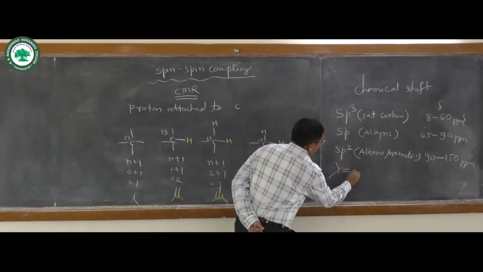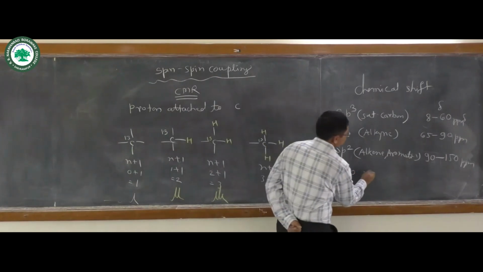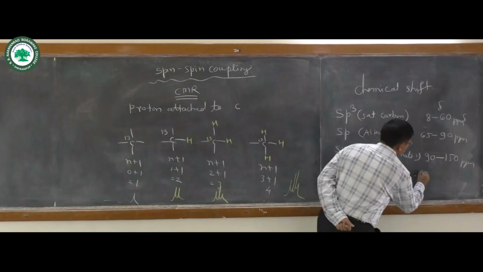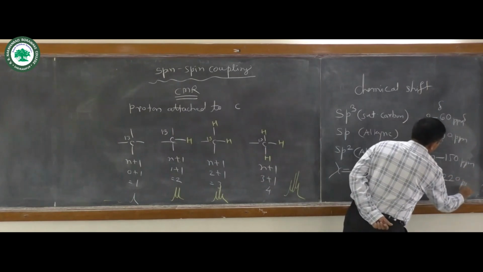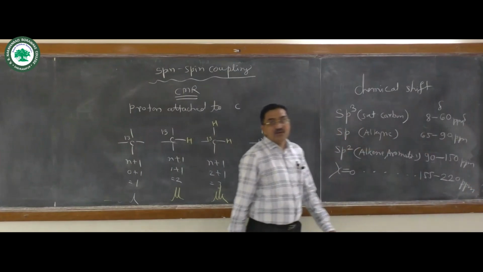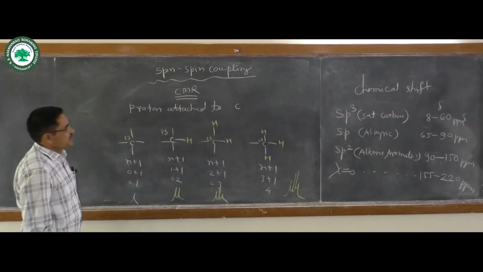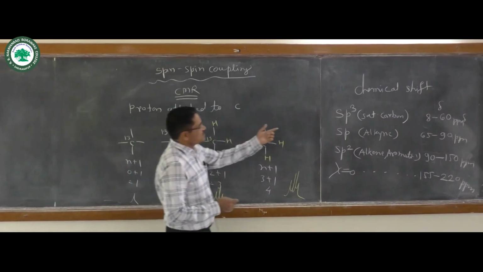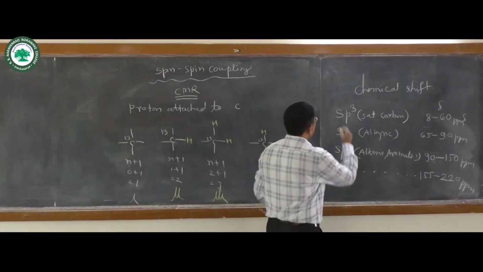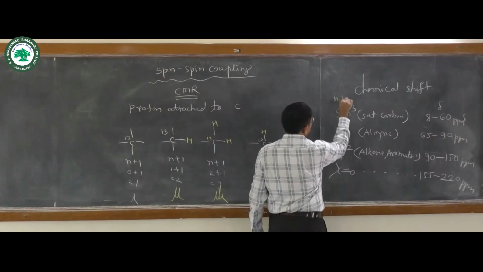And for carbonyl compounds, it is 155 to 220 ppm. Means here the chemical shift value depends upon the hybridization.